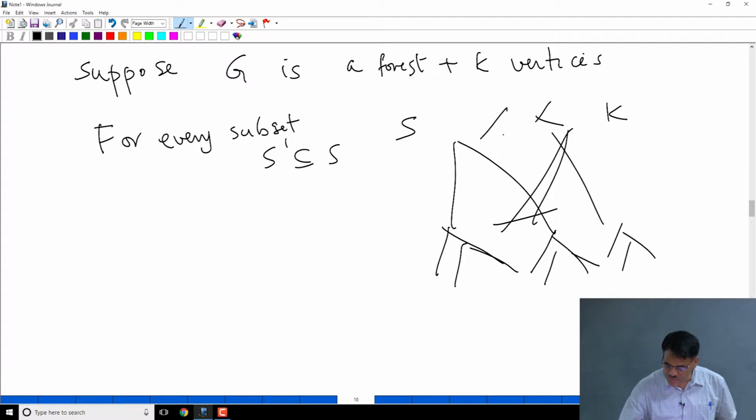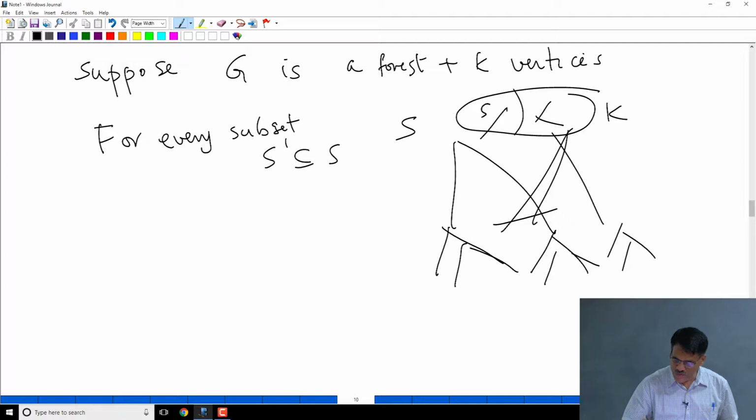Let us say this is my S, this is my S prime. I have decided that I am going to pick this set of vertices into my solution. What can you say now? Can you have edges here? No. Why not? Who is going to cover those edges?